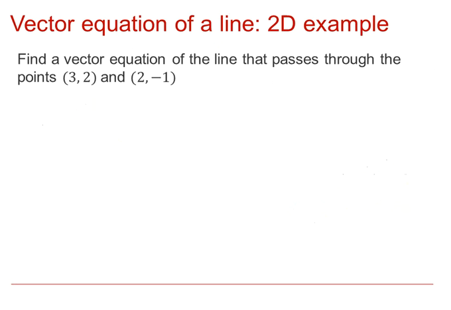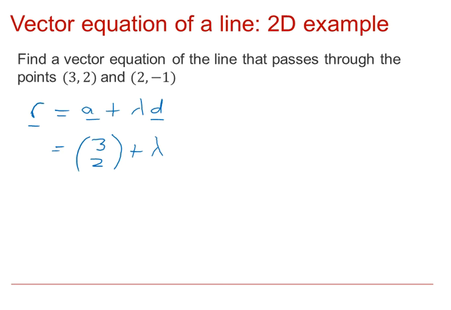If we're asked to find a vector equation of a line that passes through two points, we're looking for r equals a plus lambda d. So let's use (3, 2) as a, and then we're just looking for the direction vector.